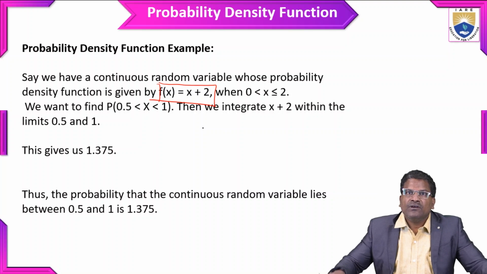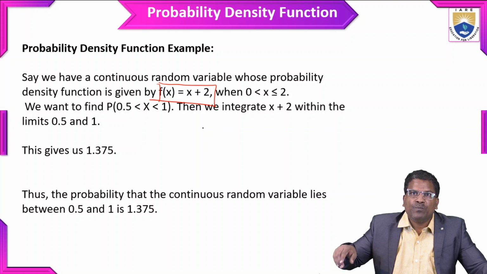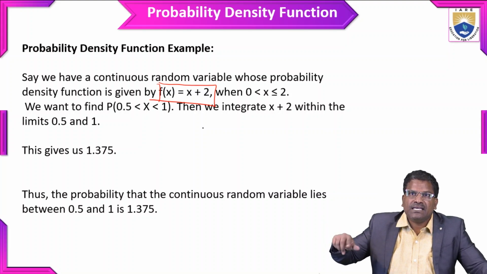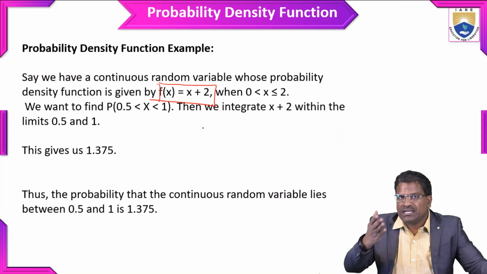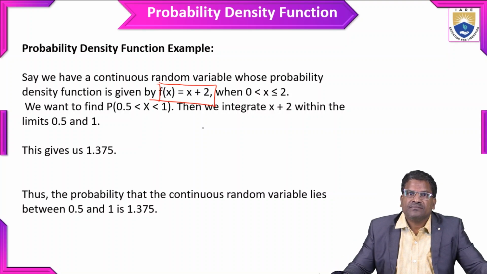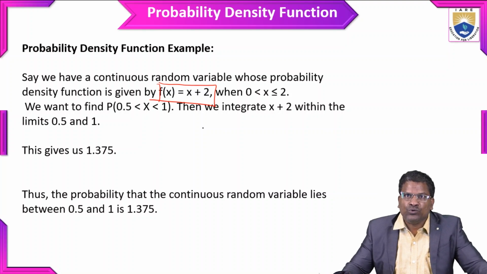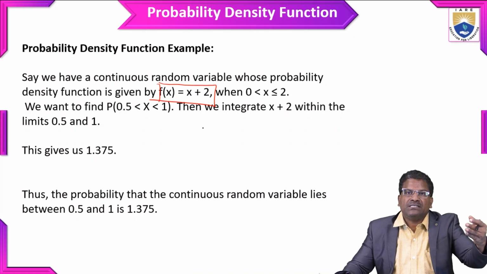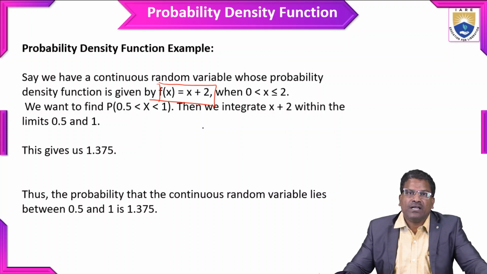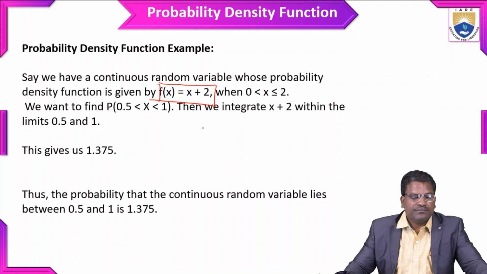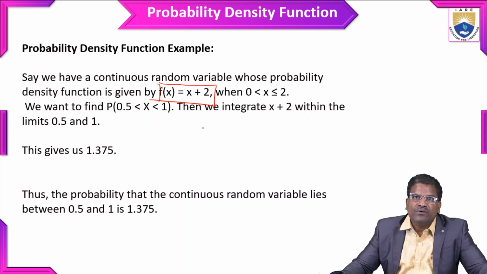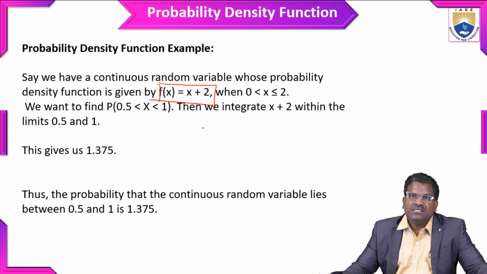Now what we have to do is find the probability of 0.5 < x < 1. Particularly, it gives some area. Then we integrate x + 2 within the limits 0.5 and 1. Thus, if we integrate this within the limits 0.5 and 1, its value is 1.375.